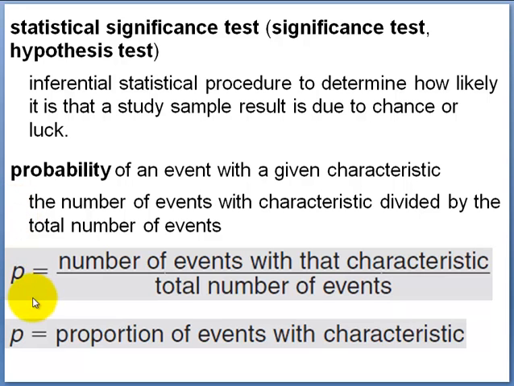Here are a couple of formulas for probability. The symbol for probability is a small p, and it's the same as the symbol for proportion in this text. Probability is really one and the same as the proportion of events with a given characteristic.